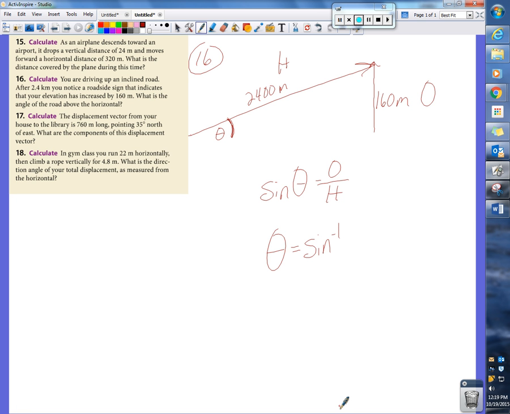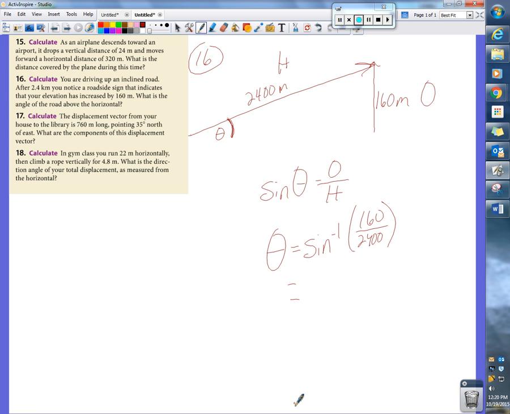We get rid of sine by doing inverse sine of the opposite side, 160, over the hypotenuse, 2400. And we can just plug that in our calculator. Nope, that's not right. Forgot a zero. Inverse sine of 160 divided by 2400, and a low angle of about 3.8 degrees.